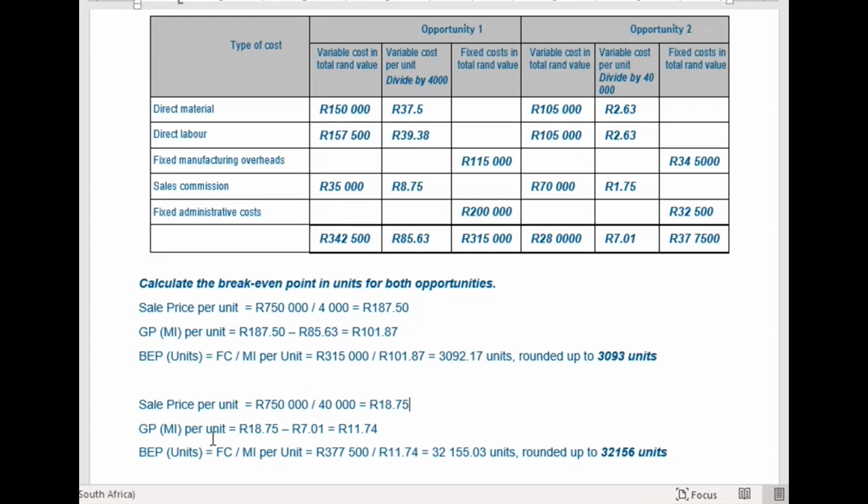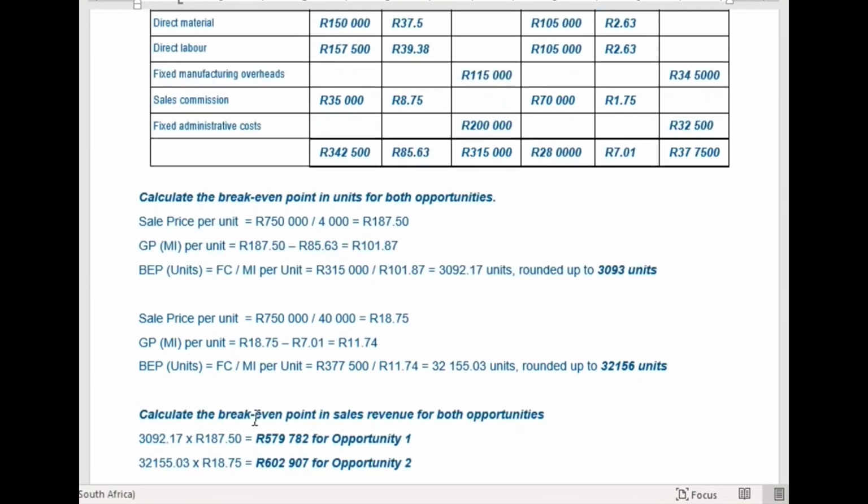Your gross profit per unit is that R18.75 minus the R7.1, which is your variable cost per unit, and you get R11.74. Your break-even per units then is again your fixed cost, which you have calculated, divided by your marginal income per unit that you just calculated there, and then you get 32,155.03.